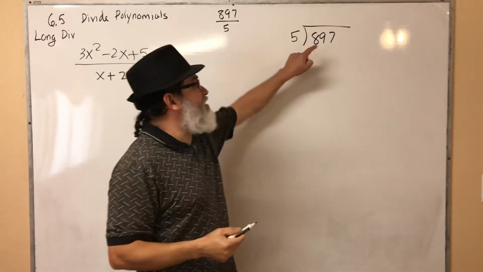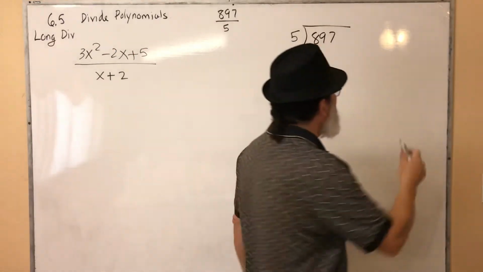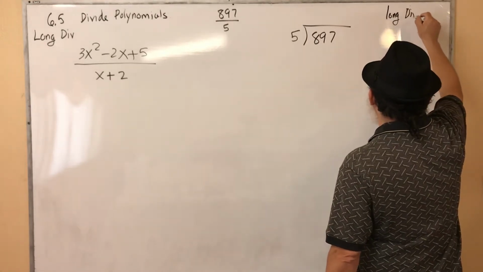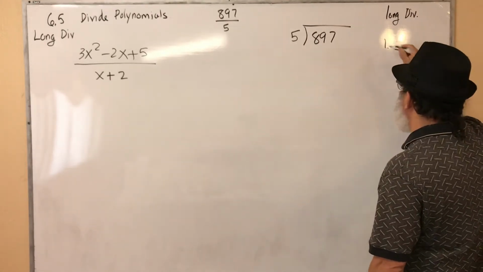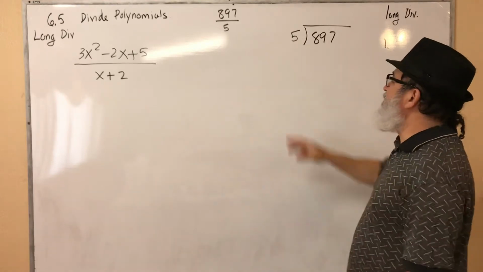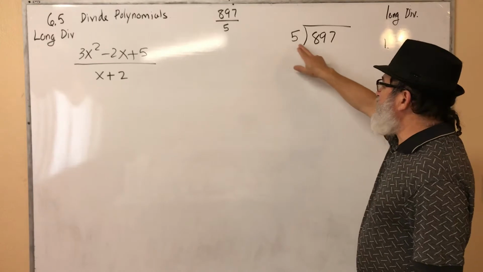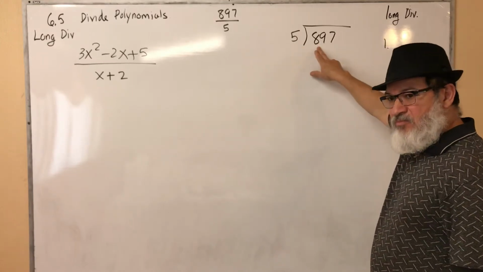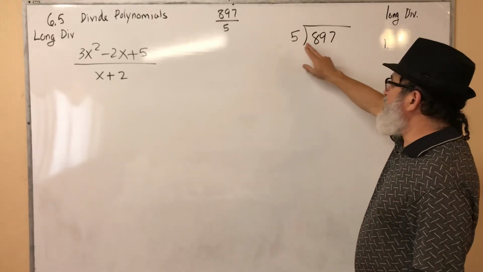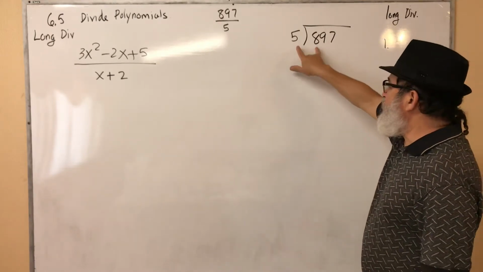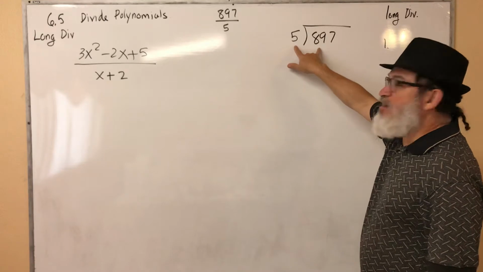If we do it like this, that's long division. Step number 1. We say how many times does 5 go into 8. Note, we start with the first digit. And 5 does not go into 8. No, it doesn't. So therefore, the first step is an approximation.